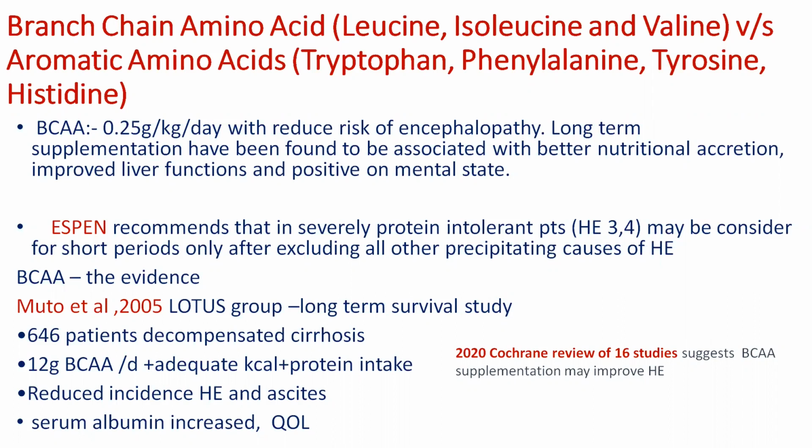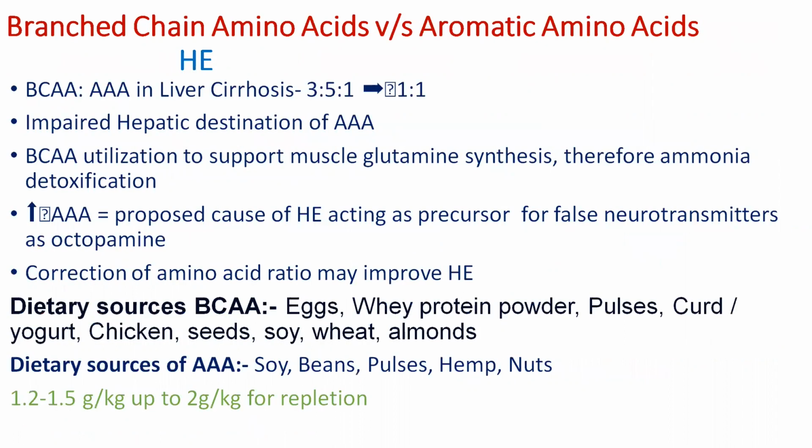Out of that, per kg, we should estimate or calculate 0.22 gram per kg dry weight. The sources of BCAA are mentioned here: egg, whey protein. The higher amount of BCAA per serving is, once we are allowing our patient 2 to 3 egg whites, that contains 5 to 5.5 gram branch chain amino acid in 2 egg whites.